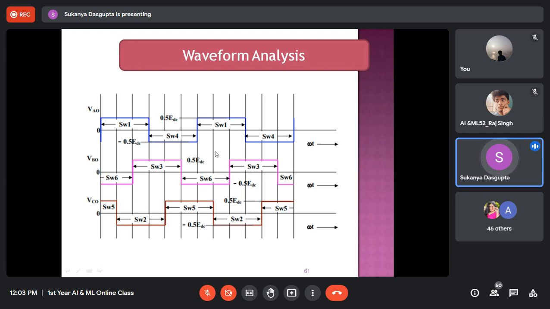So in this way, all 6 switches are working. Ma'am asks: why in the first segment is SW5 switched on for a time being 0 to 60?